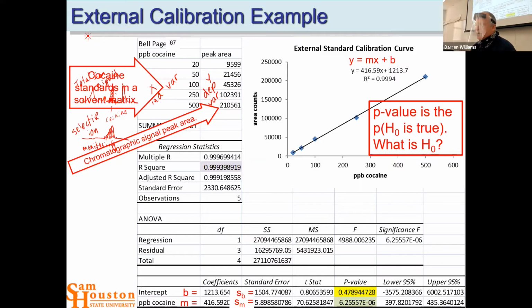So p-value is the probability that the null hypothesis is true. So what is the null hypothesis for those p-values? Notice that this standard error on B contains 0, and we have a high p-value.